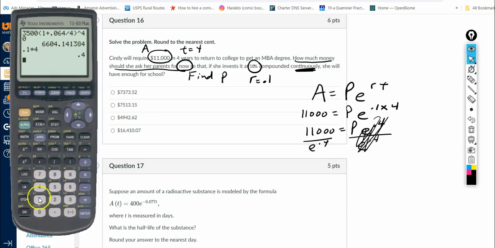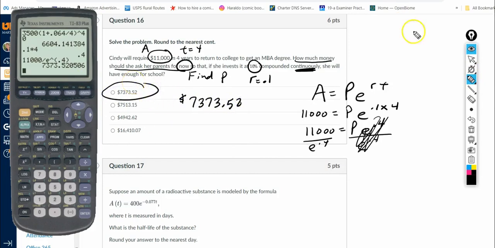Yeah, so 11,000 divided by e to the 0.4. Do the second key and the ln key. E to the 0.4. Close parentheses. Okay, so according to my calculator, that's going to be $7,373.52, which is matching that first selection there.